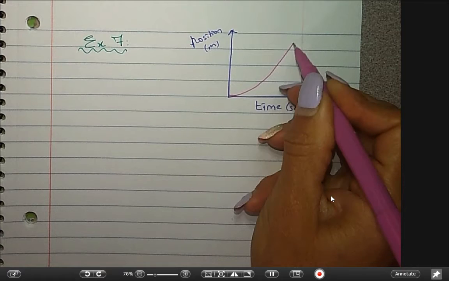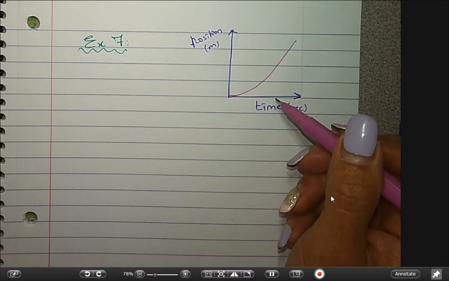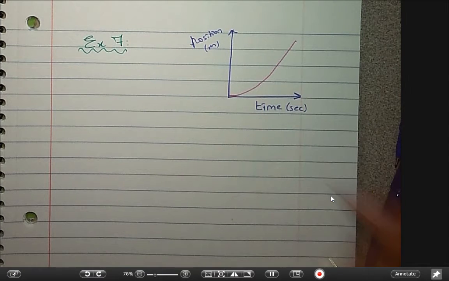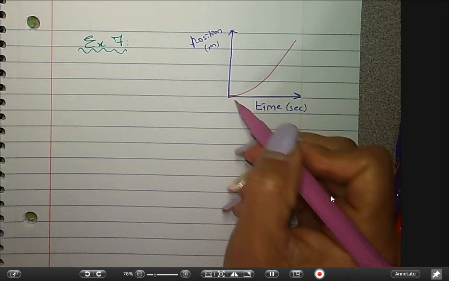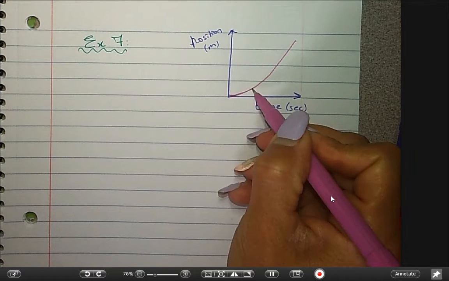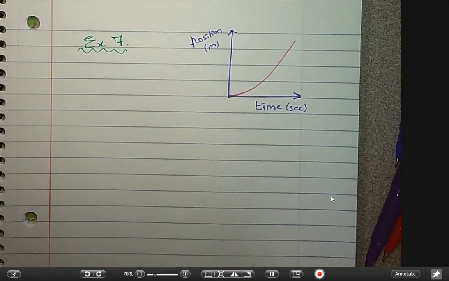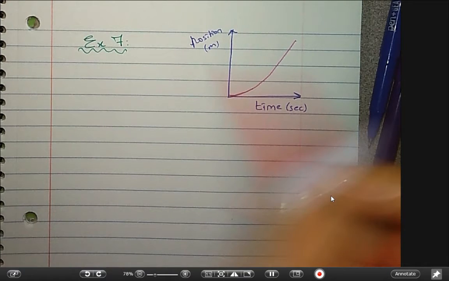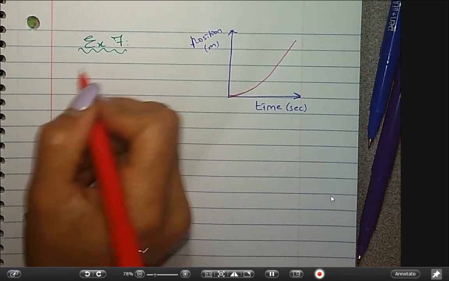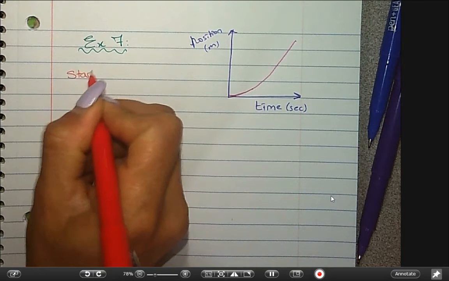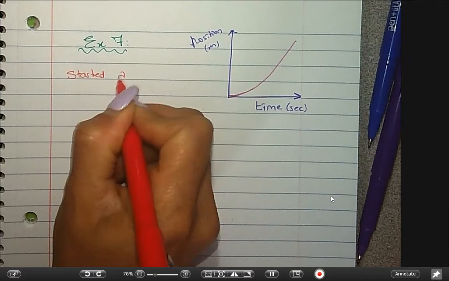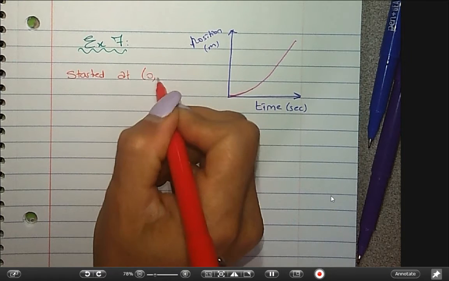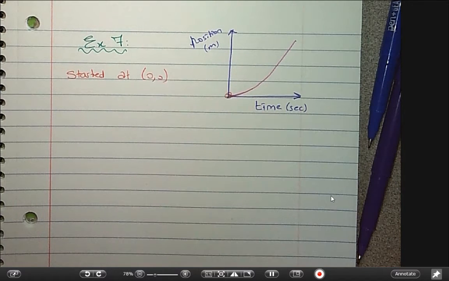And you have this graph here. So what's happening here? It started off kind of like a straight line, right? So we can say it started at 0, 0, right here.